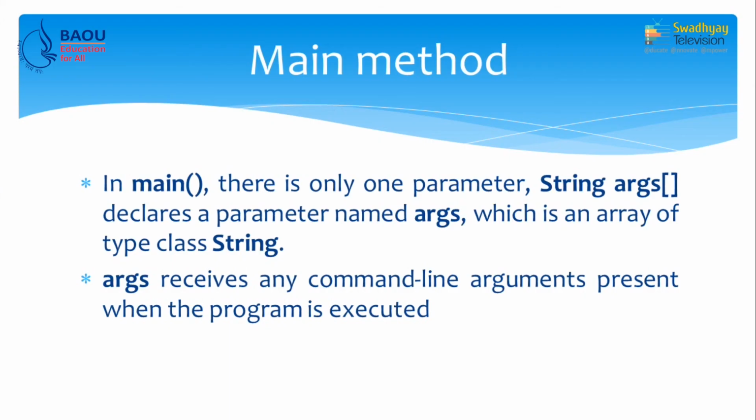Now, if you look at the main method argument, it is an array of strings. This array of type string is used to receive any command line argument present when the program is executed. Now, what is a command line argument? In earlier days, people used to execute these programs from the command prompt.